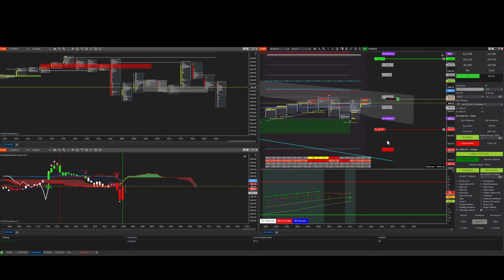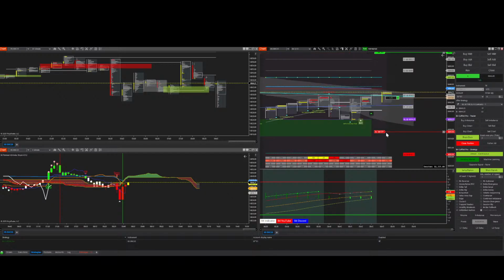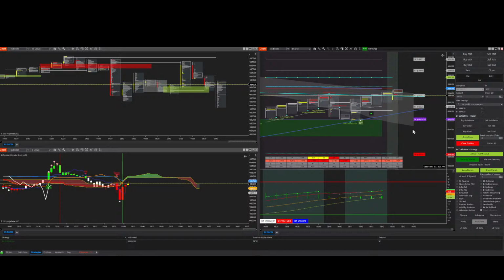As far as Ichimoku, we're still on the bearish side here. Stop filled.